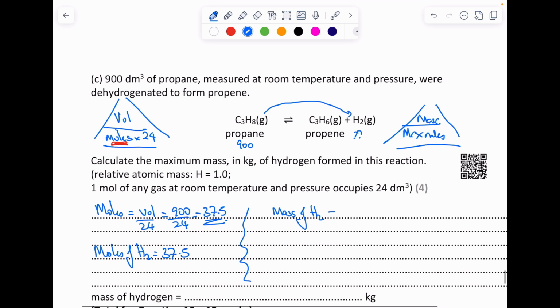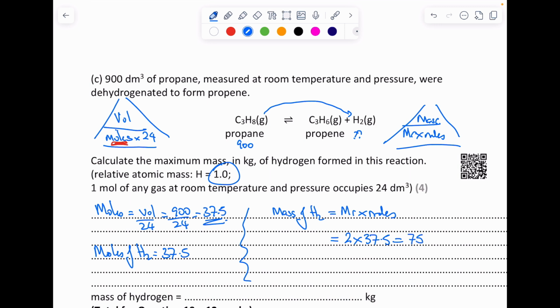The mass, therefore, is going to be the Mr times the moles. The Mr for hydrogen, well, hydrogen's got a mass of 1, but there's H2. So the mass of hydrogen is 2. Times it by the number of moles, which is 37.5. So I've got times by 2, and that's going to give me 75.